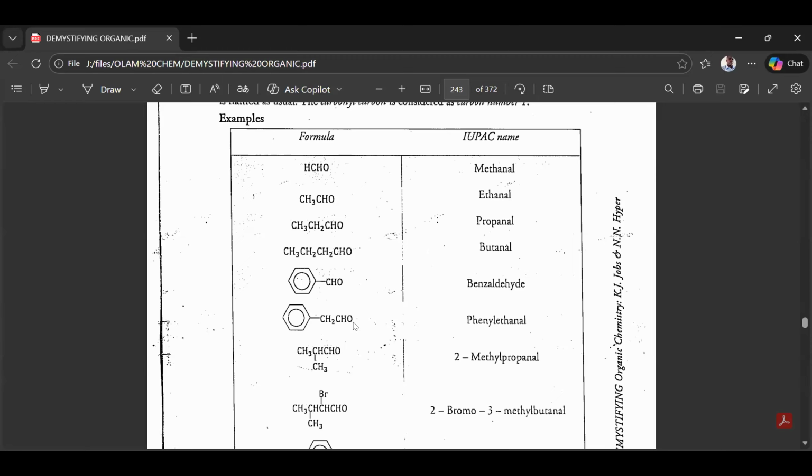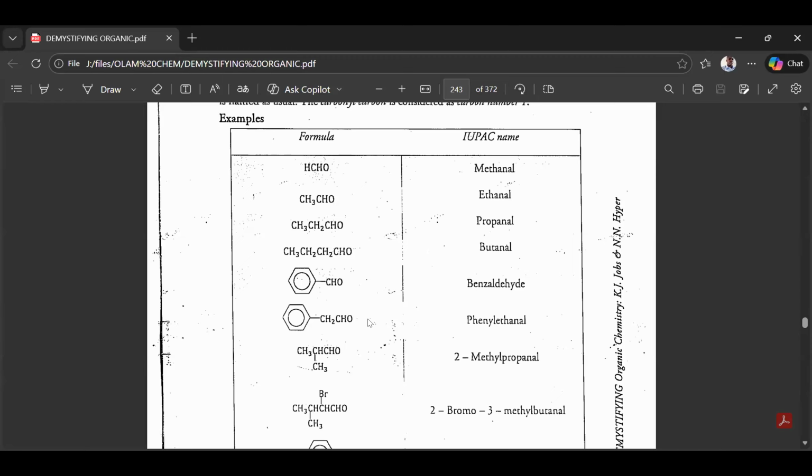So here we cannot say this one is benzene ethanal. No, that doesn't work. Because the main chain is going to be ethanal, the benzene ring becomes the substituent or group. So therefore, we are going to name it as phenylethanal.